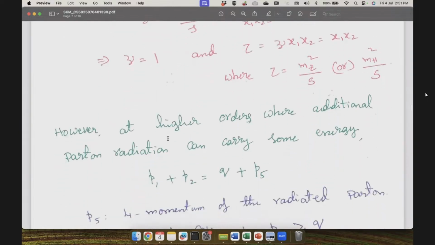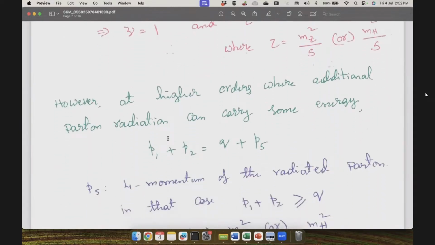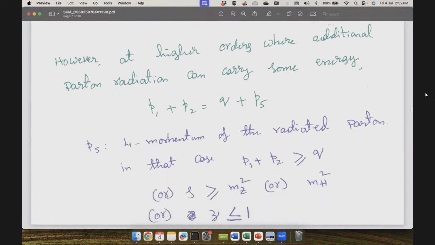However, at higher orders, where additional parton radiation can carry some energy, in terms of momentum conservation you have P1 plus P2 goes to Q plus P5, where Q is the four momentum of the on-shell Z boson or the on-shell Higgs boson. And P5 is the energy of the additional radiation going out of the system.